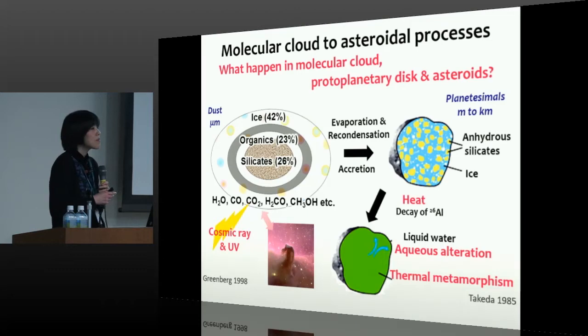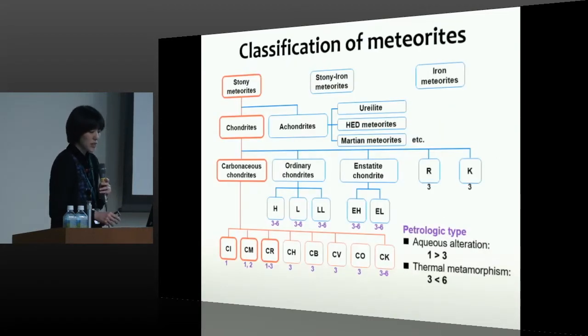And further heating causes thermal metamorphism as well. All these processes cause diversity in the meteorites. So actually there is a large diversity in meteorites.